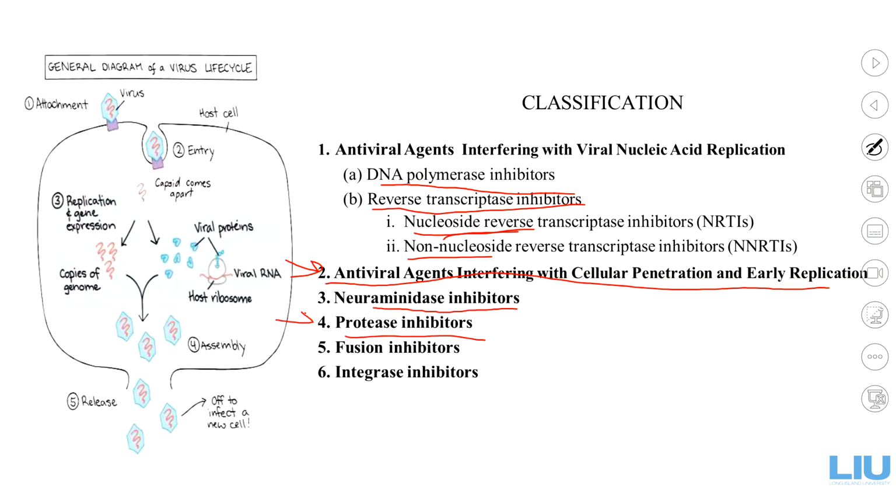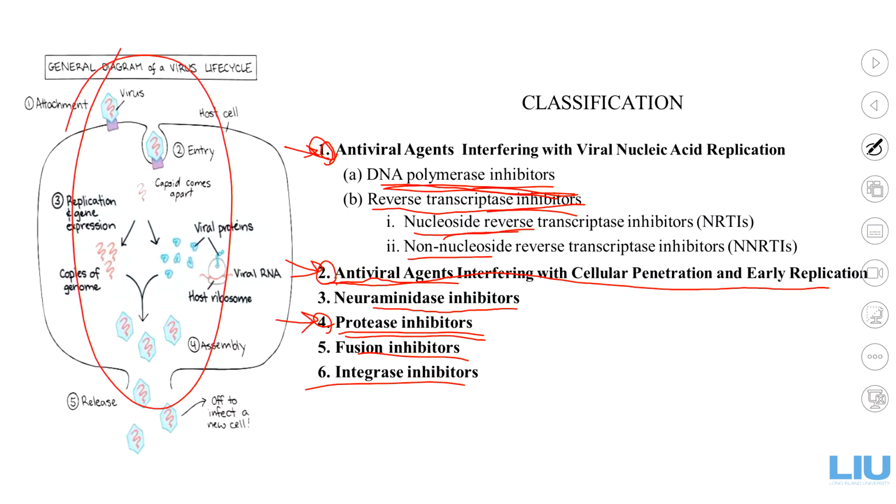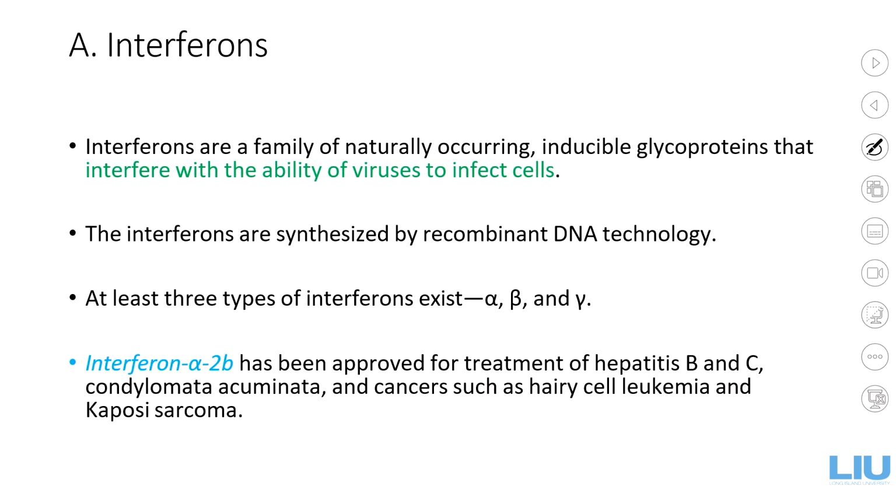I think the drugs we'll talk about today belong to one of these classes: 1, 2, and 4. We will see protease inhibitors, we already talked about interferons, and then we have drugs that act as DNA polymerase inhibitors. I'm not going to review the life cycle and the drugs because we talked about that already. All right, so interferons, we talked about them already, but let's talk more, I guess.